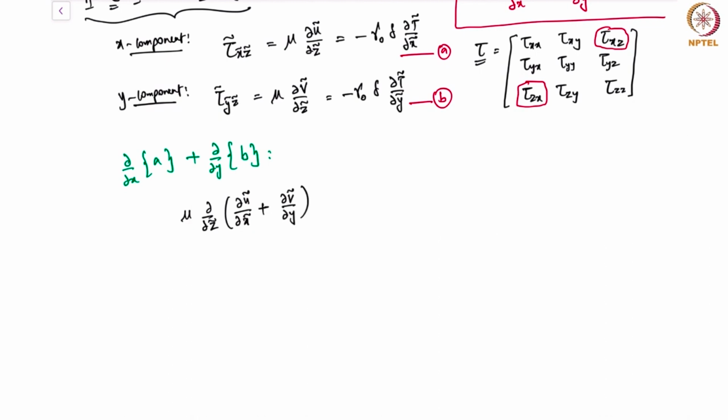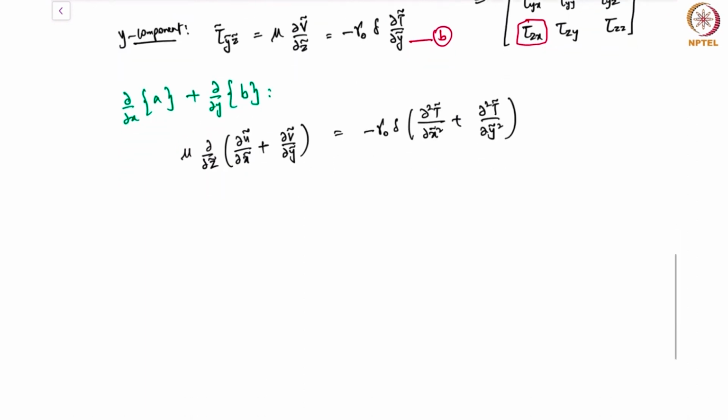That's the left hand side. This essentially becomes minus gamma naught delta. We have del by del x of A essentially becomes del square T by del x square. These are all dimensional quantities, plus del square T by del y square. Okay, this is what we have.